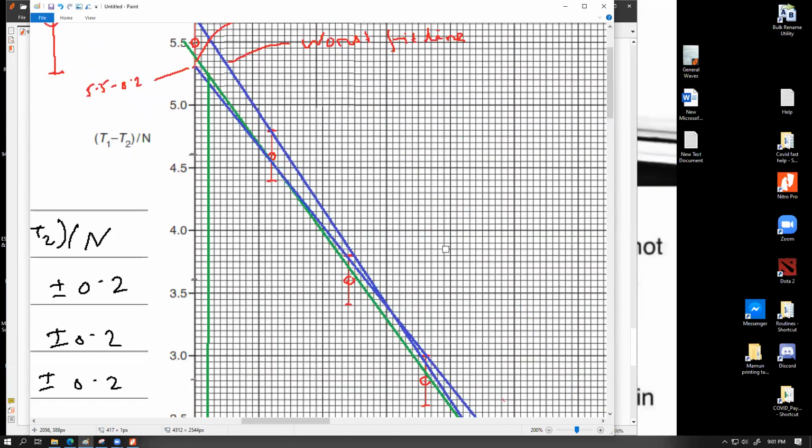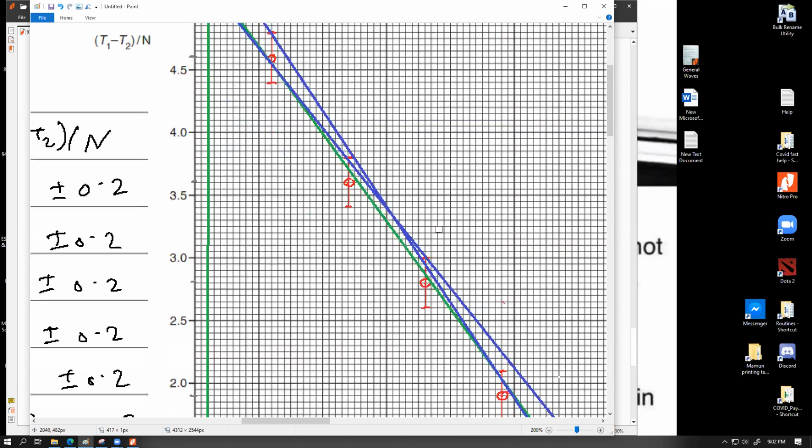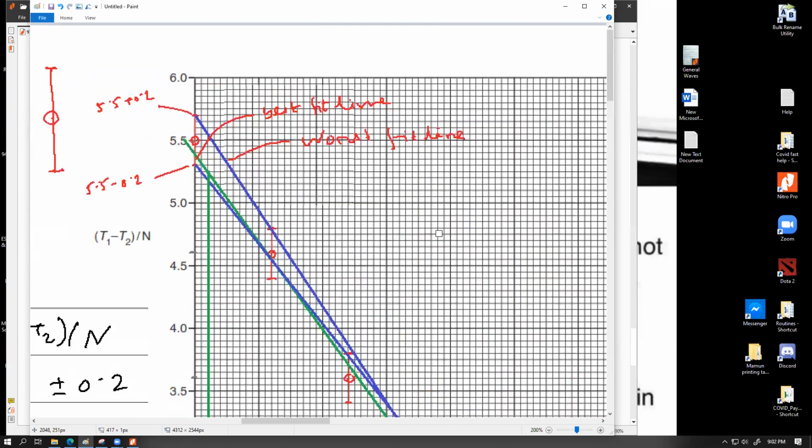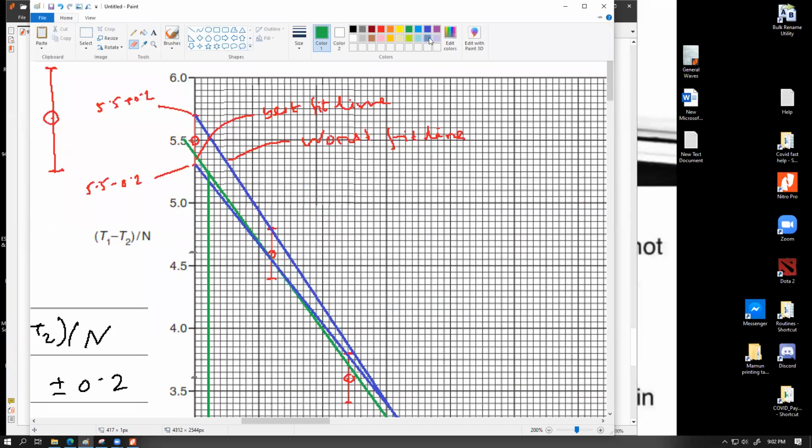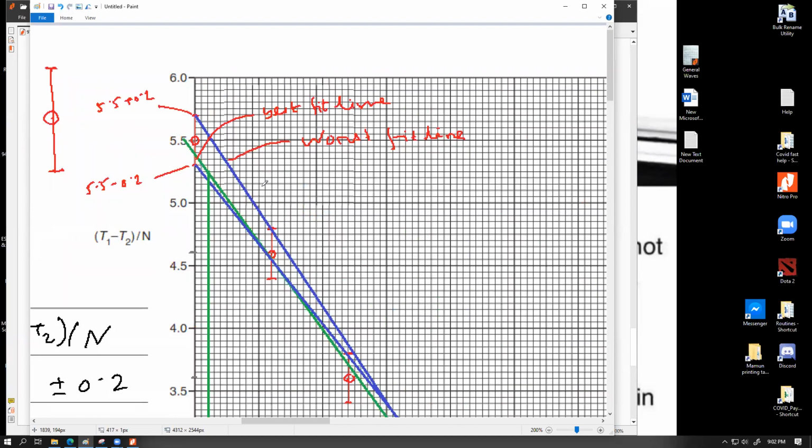I'm going to have my triangle over here, and you do the same thing for your worst fit line as well. You can use the same choice of line, but don't use exactly the same points. Okay, I'm going to use this color. Let's choose a good cross point.